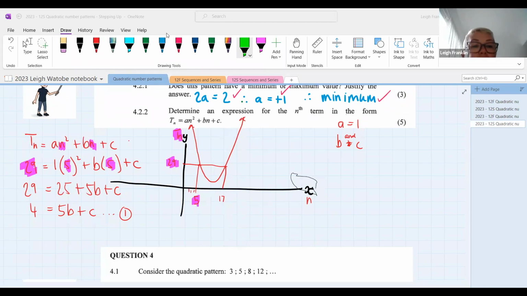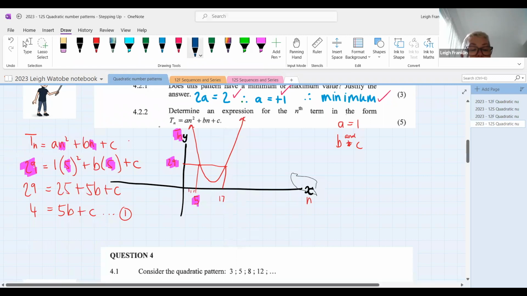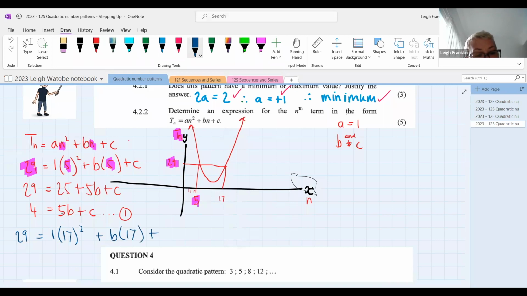If I just do it here on the side in a different color, we would end up with 29 equals 1 times 17 squared plus b times 17 plus c.